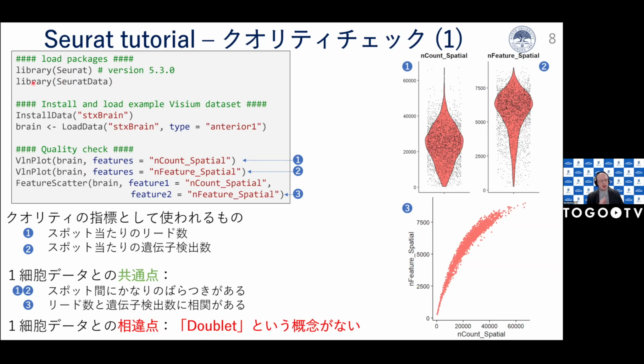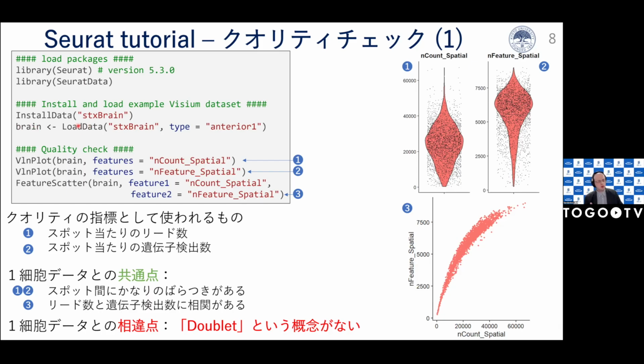There's another package called SeuratData, and it includes several data sets that you can relatively easily load into your R session. So I have installed SeuratData, and here I load it, and then I install the data set that I'm interested in, stxBrain.